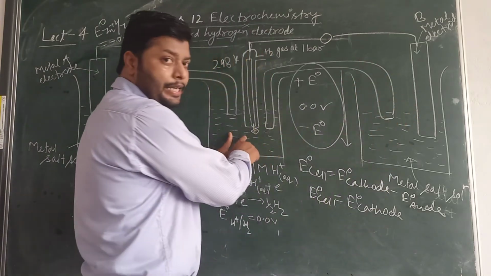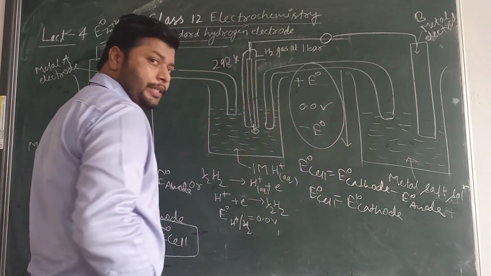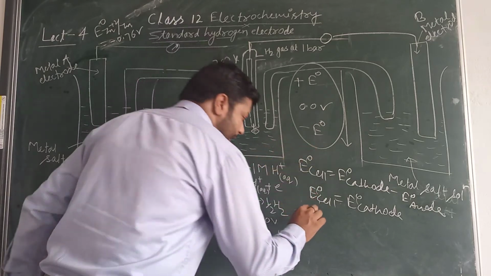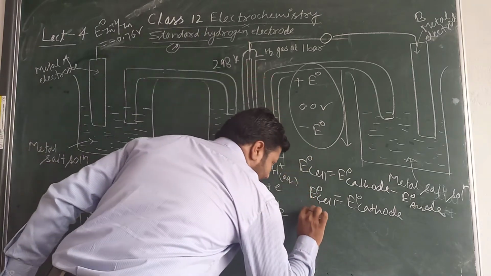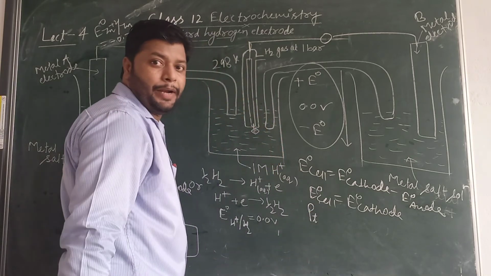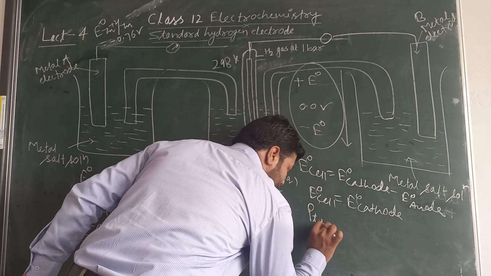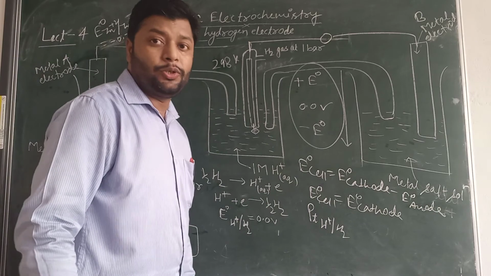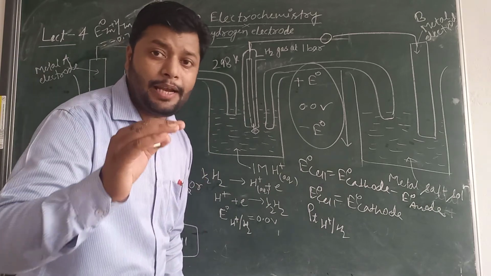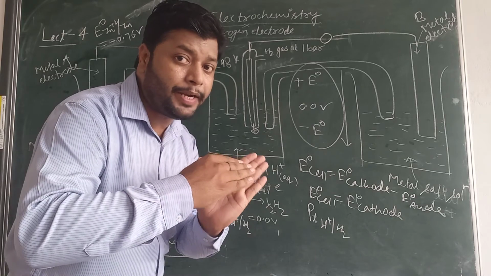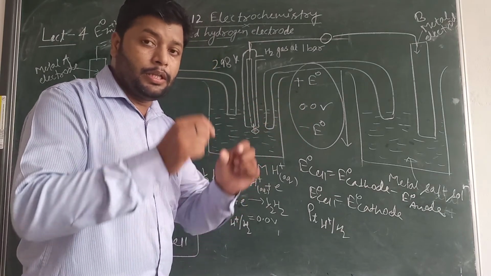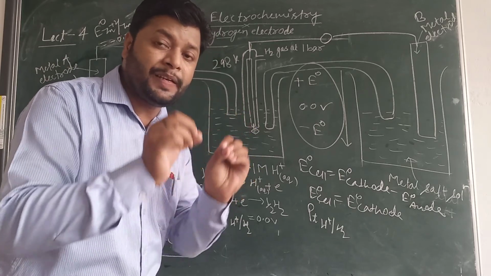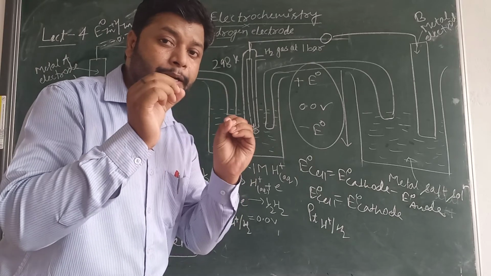So here it is an anode, here it is a cathode, and the cell representation is like this: the electrode is platinum. At platinum, hydrogen gas accepts electrons. Cell representation should be in terms of reduction. Representation, mathematical operation, magnitude value should always be written in terms of reduction value.